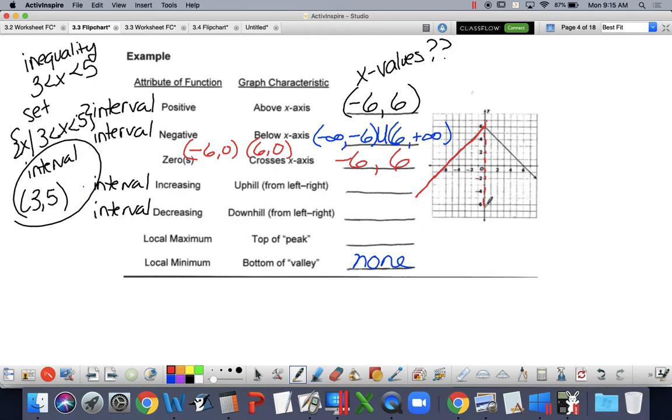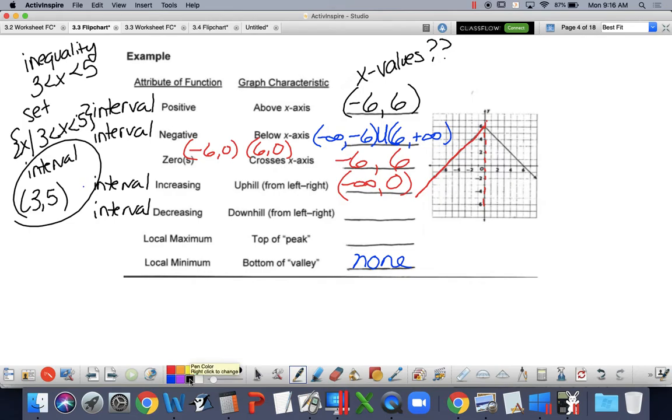So what is my x value all the way down here? Negative infinity. What's my x value right here? 0, not 6. That's my y value. I just care about the x values. So it's negative infinity up to 0.